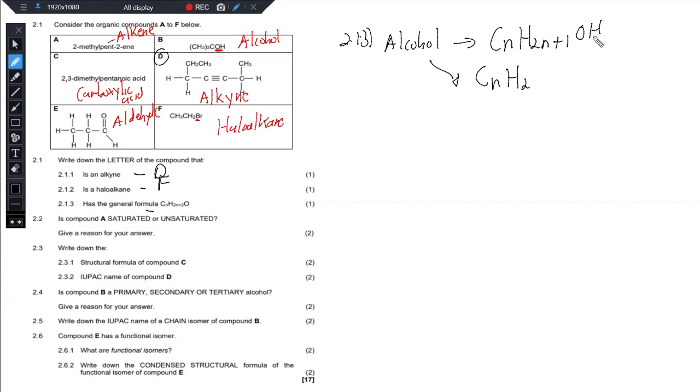If you take this hydrogen here from the hydroxyl group and you count it amongst the other hydrogens here, then this becomes 2n+2 and then O, right? So this is the loophole that they created, because in most of the textbooks you normally see it like this, but when they give it to you in an exam paper, it is usually in this format.